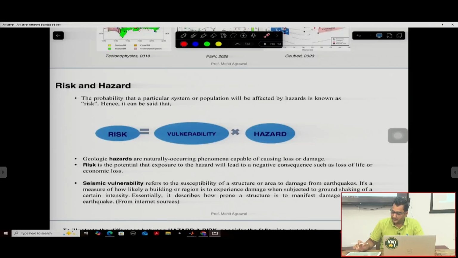I told you that the hazard is a naturally occurring phenomenon that has the capability of causing loss or damage in an area, while risk is the probability of something getting damaged from that particular hazard, and seismic vulnerability is the inherent weakness of a system, structure or area. So, risk is nothing but the convolution of vulnerability and the hazard.